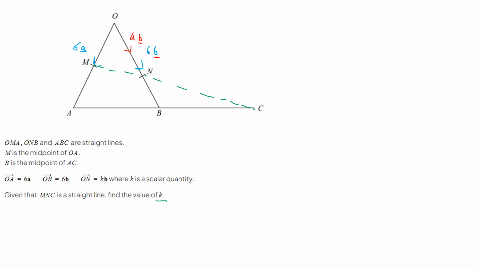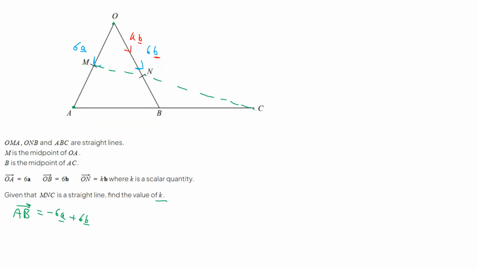Well, the first thing we need to do is probably work out what AB is. So A to B is going to be minus 6A plus 6B, because we're going from A to O and O to B. Now what we need to do is work out what M to N is, don't we?